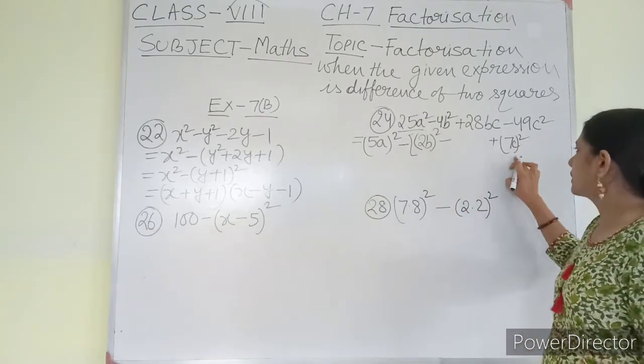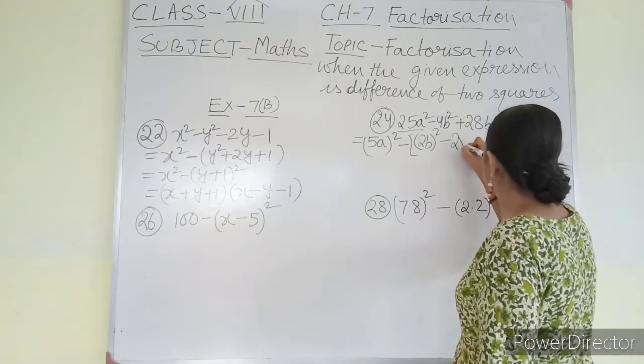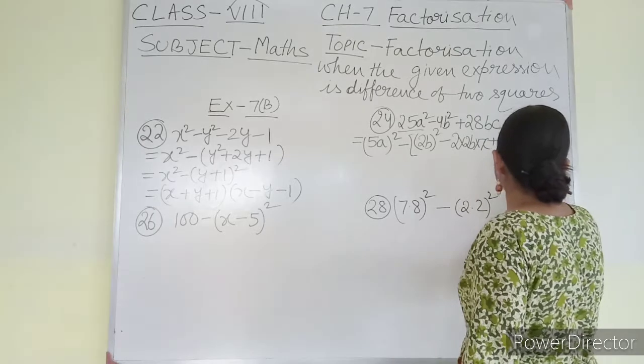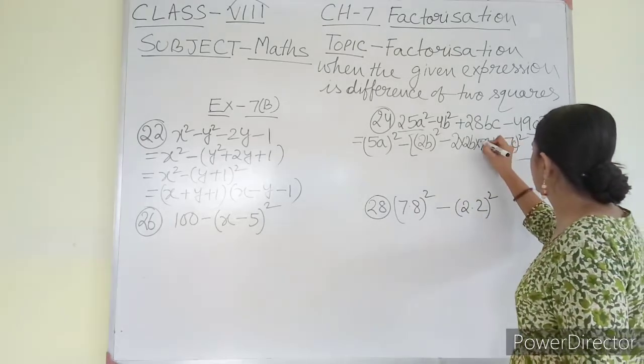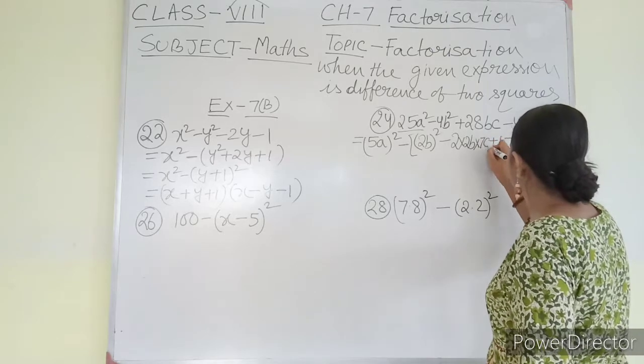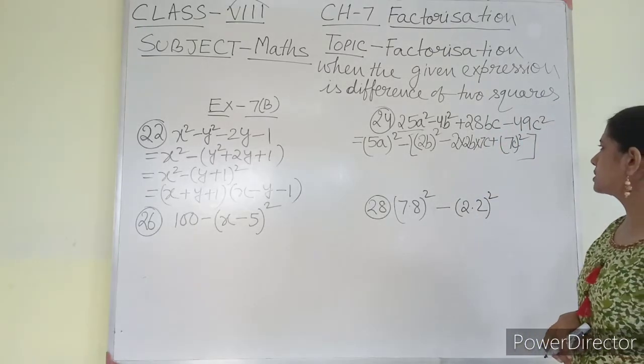a square plus b square minus 2ab, minus 2 into 2b into 7c. You just multiply. This is 7c, I am writing again. If you multiply, you will get 28bc.